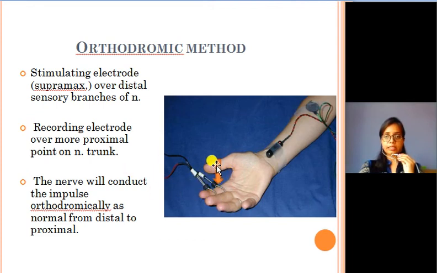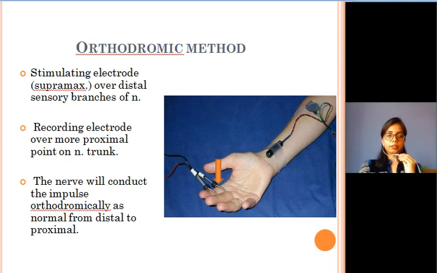As you can see, this is where the stimulation is provided, and it is recorded at the proximal point over the nerve trunk. The impulse is conducted orthodromically, that is, in the normal physiological direction of the sensory nerves, traveling from distal to proximal.